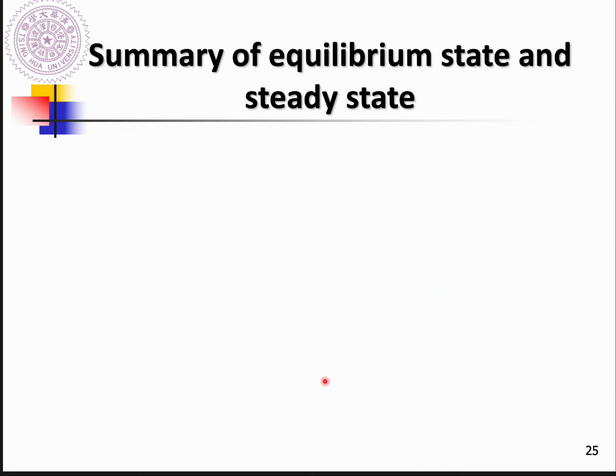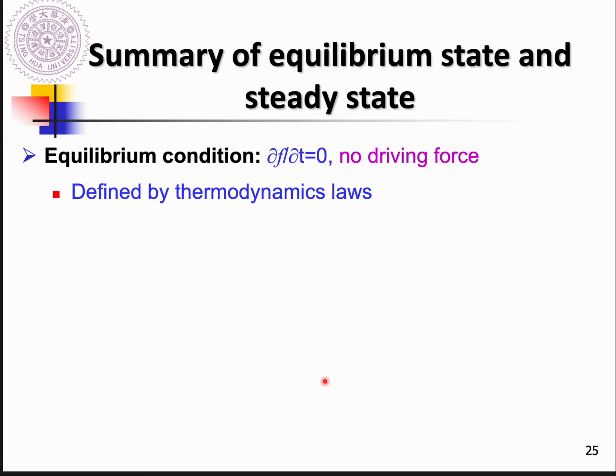So now I'm going to give you a quick summary about the difference between the equilibrium state and steady state. In equilibrium conditions, the state functions do not change with time, and we cannot observe any driving force applied on the system, and for sure there's no corresponding flux involved. All these are defined by thermodynamic laws, so no net flux.